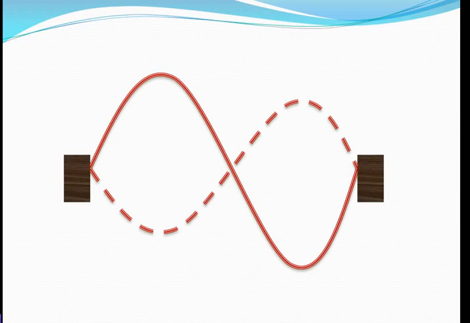Now what will happen if you generate a wave shape like this, with two crests and two troughs? In this case, what will be lambda? The distance between this node here and this node here will be lambda by 2, and the distance between this node here and this node here will also be lambda by 2. So 2 into lambda by 2 is equal to the length of the string.